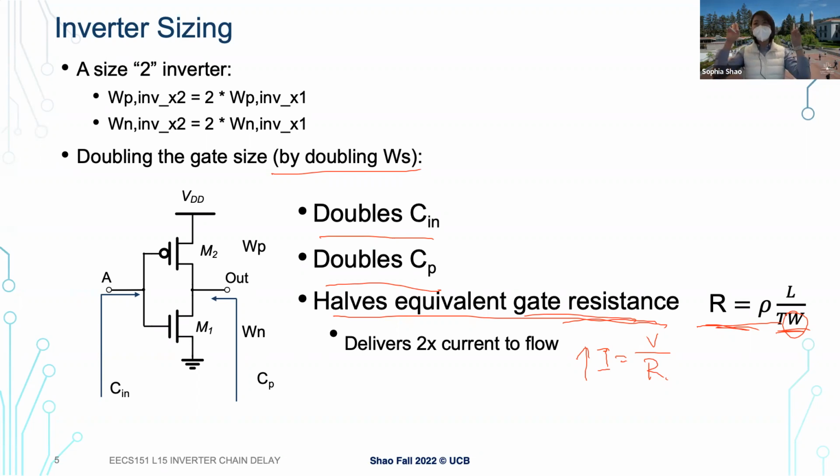When people say bigger drive, they basically mean bigger current so that we can charge and discharge faster. Make sense? So that's a new parameter we're introducing. Before, everything was pretty abstract or simple, just inverter, NAND gate. But even for the inverter, there is a new parameter that's very useful.